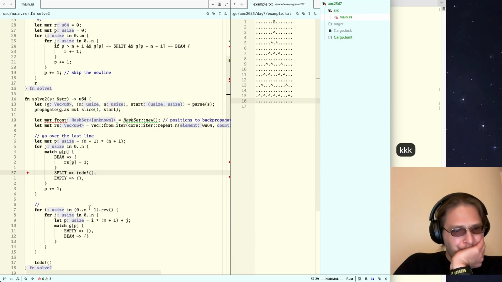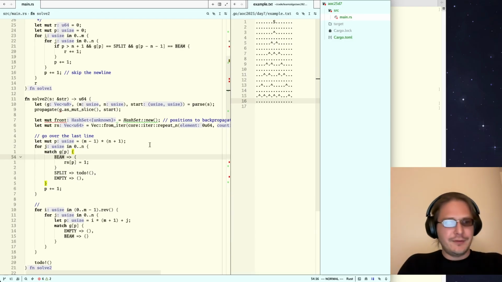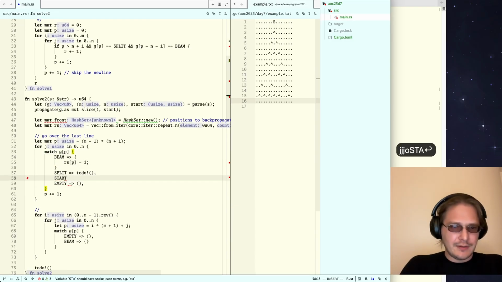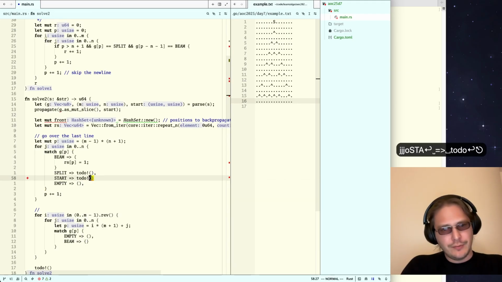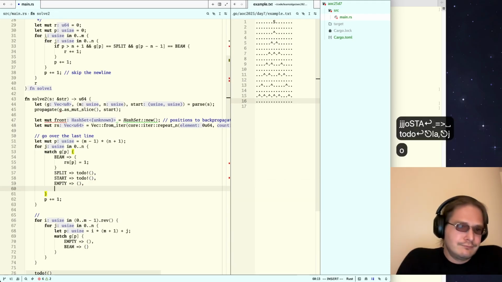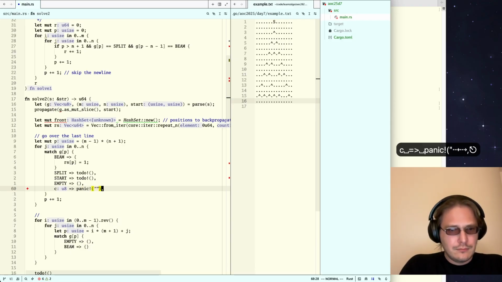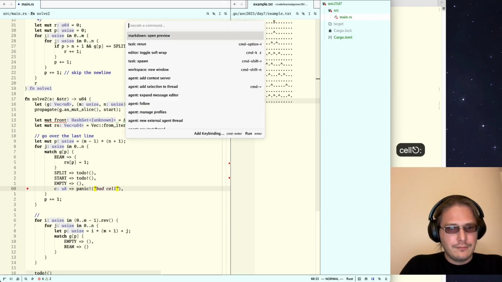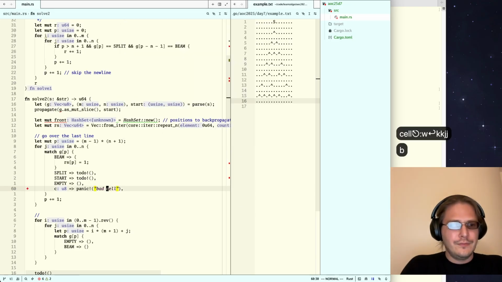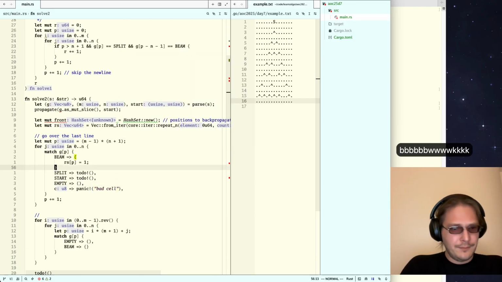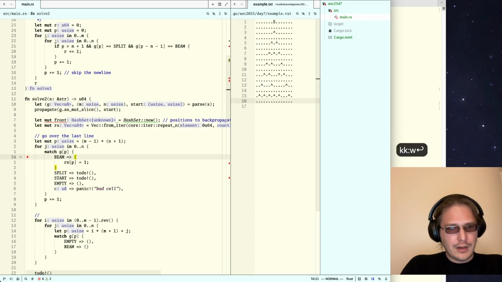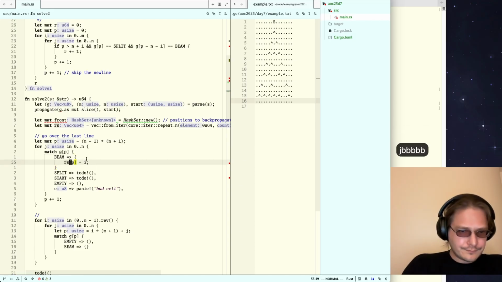If the start position happens here, then I don't know, todo as well, because whatever. Panic. Bad cell. Whatever. If I really need to debug this, I will. But right now, I only need to do this.